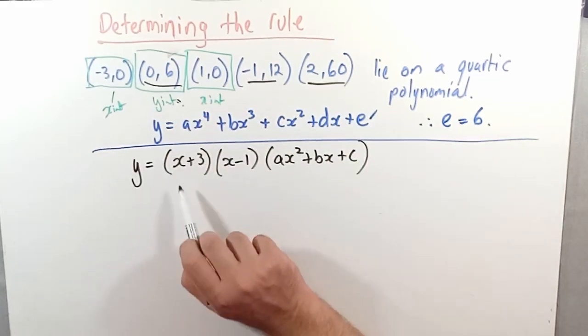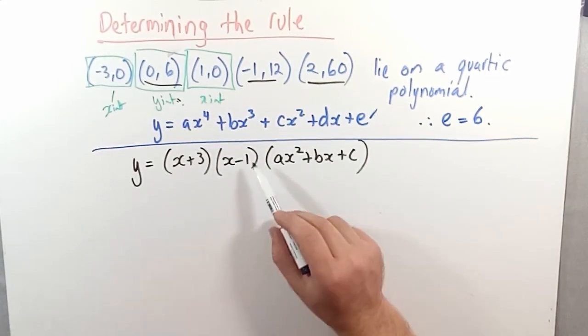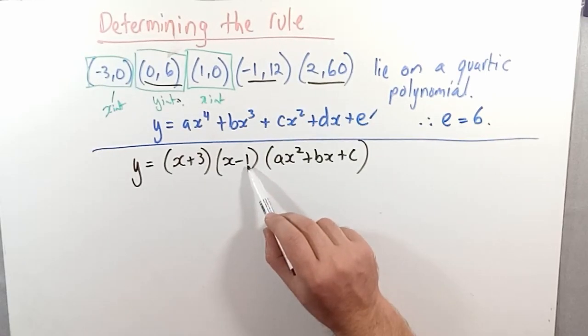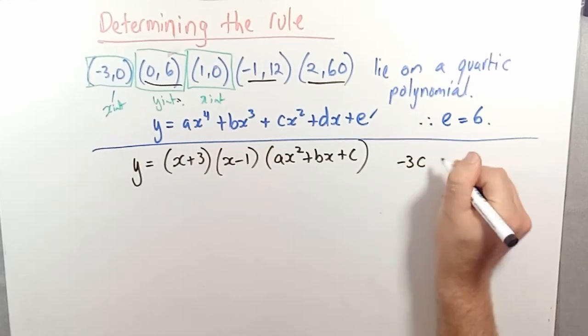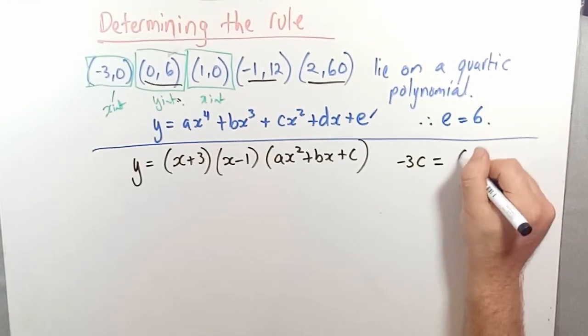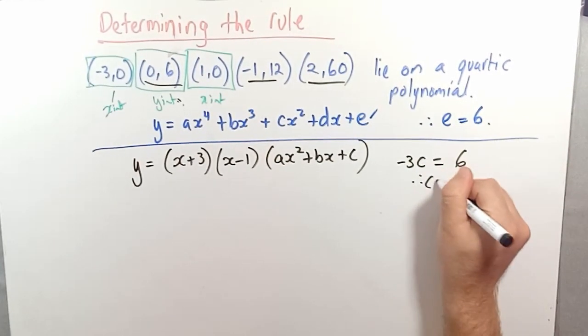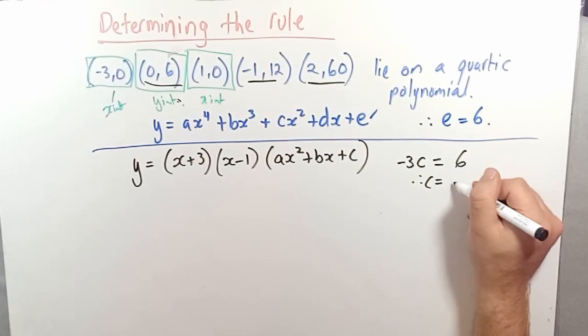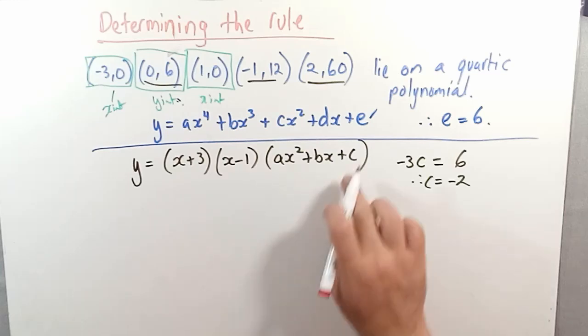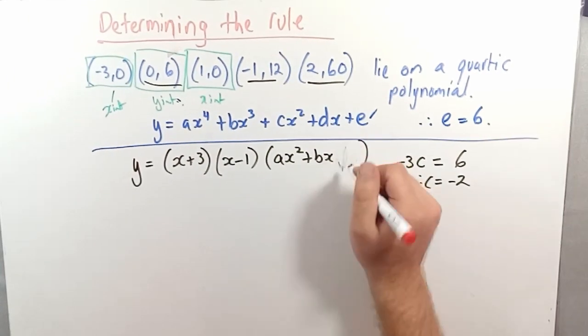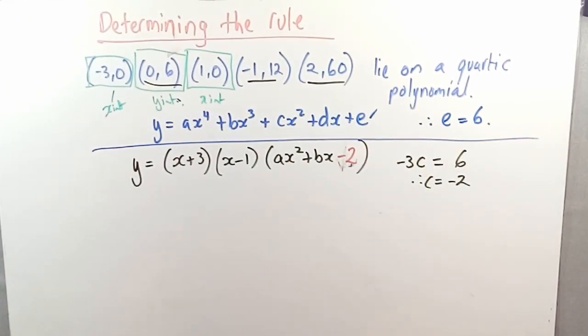So I put in 0. If I put in 0, I get 3 times -1 times c. So I've got -3 times c has to equal 6. Therefore, c is -2. So now I've got this bit, because I've got a whiteboard, just put that in, -2. Wonderful.